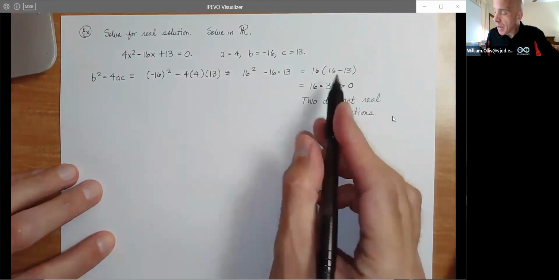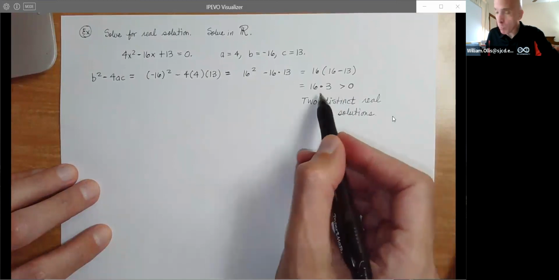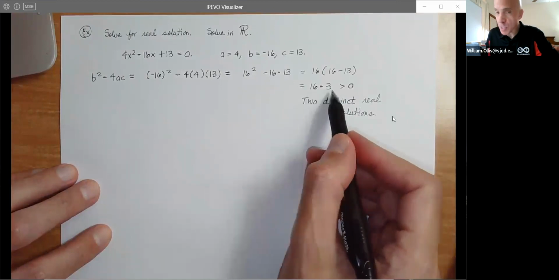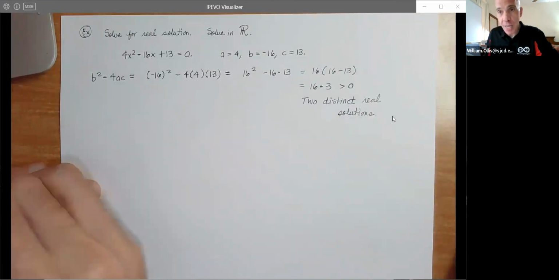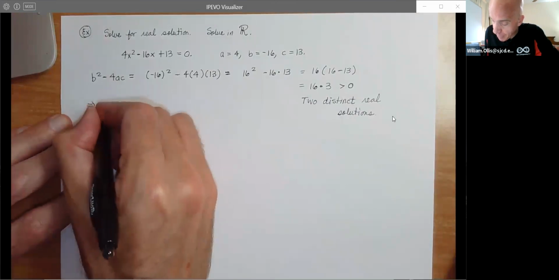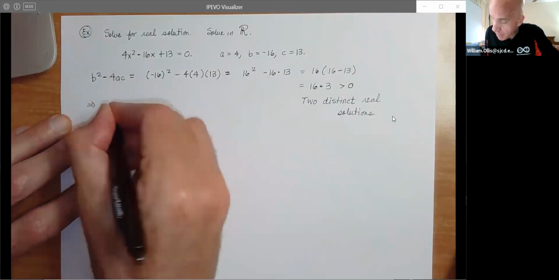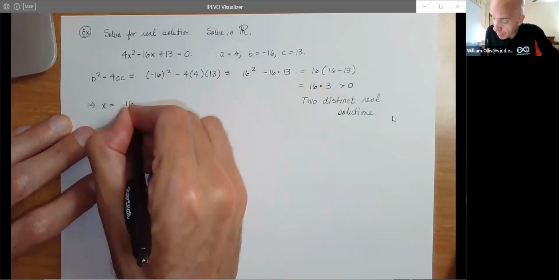Now, the idea here is we can move forward knowing that we've got a perfect square here. So when we take the square root of this, we're just going to get 4 times the square root of 3. So that's going to make our procedure much easier. So this implies that x equals the opposite of b, that is 16, plus or minus.